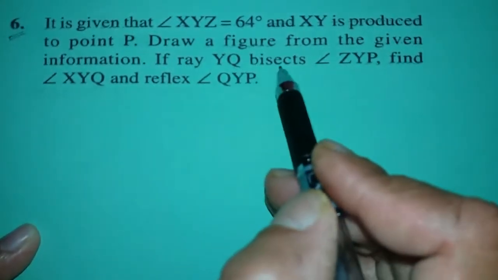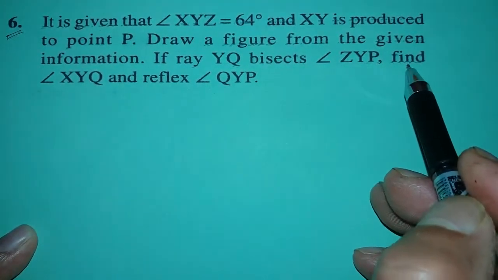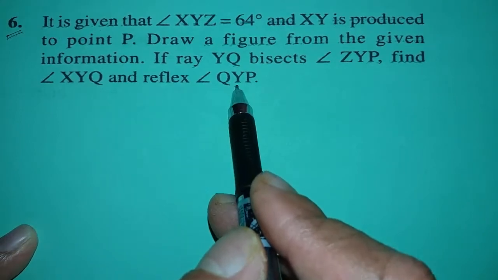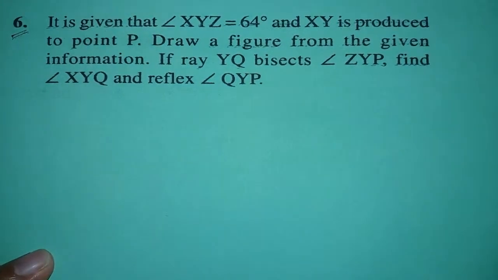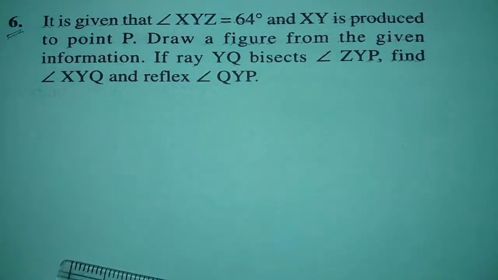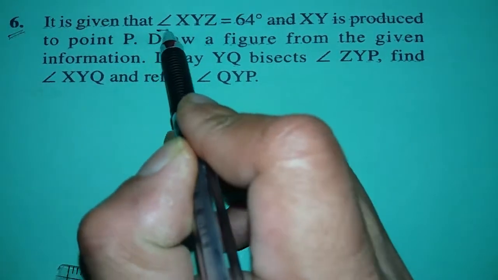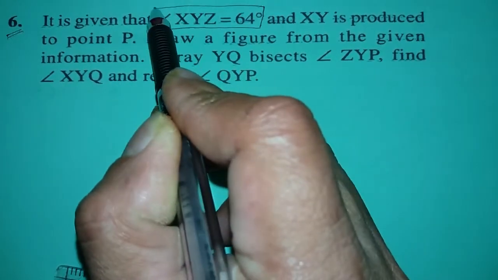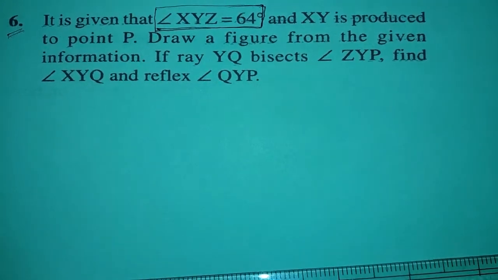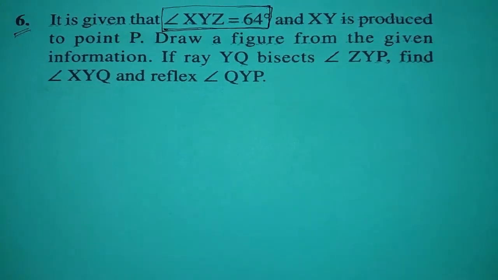If ray YQ bisects angle ZYP, find angle XYQ and reflex angle QYP. Okay, I'm going to show you how to draw this. Here we have angle XYZ equal to 64 degree. So just a rough figure.